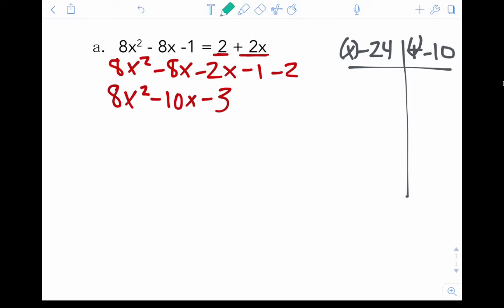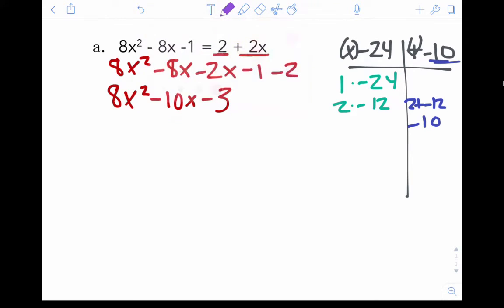My larger number needs to be negative because of my negative 10. So I have 1 times negative 24, 2 times negative 12, and I'm stopping here because I realize 2 plus negative 12 is negative 10, which is what I need.